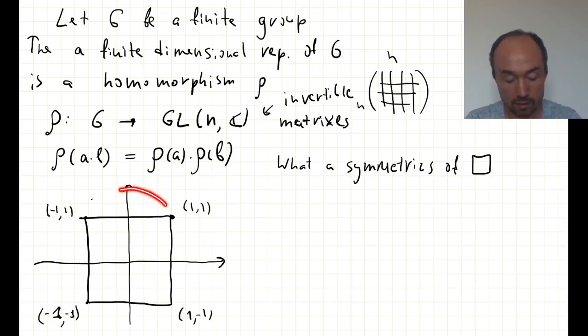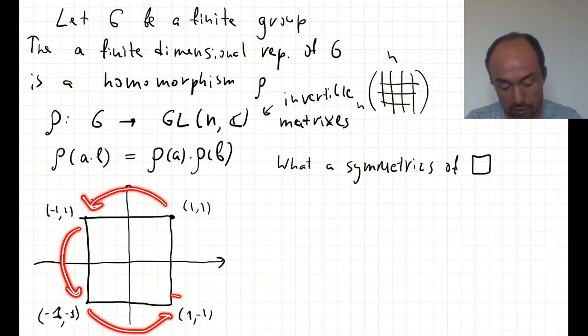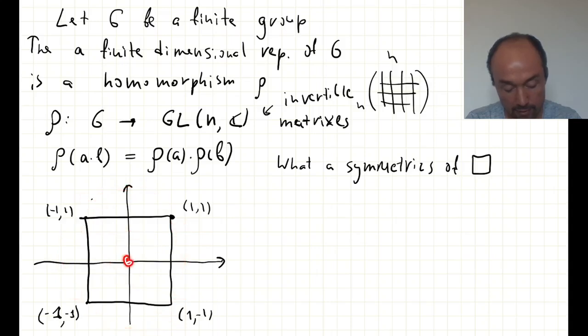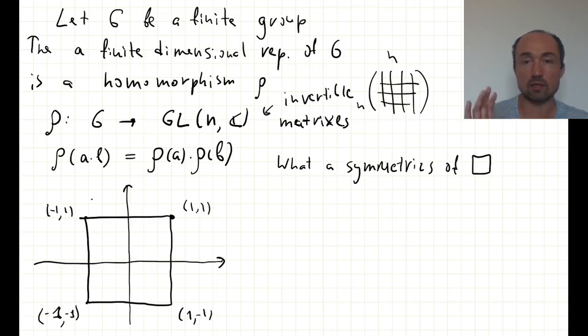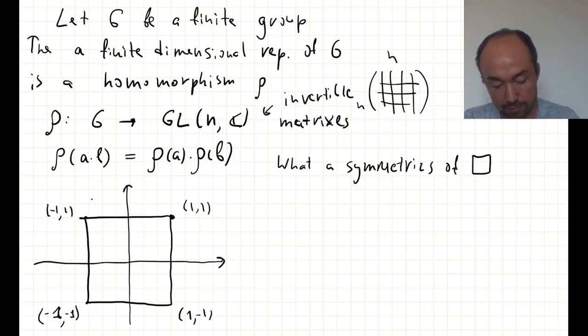We can rotate the square by 90 degrees, so each point is just rotated by 90 degrees. For example, this point goes here, this point goes somewhere here, and this point is fixed. So we can rotate by 90 degrees, by 180, by 270.